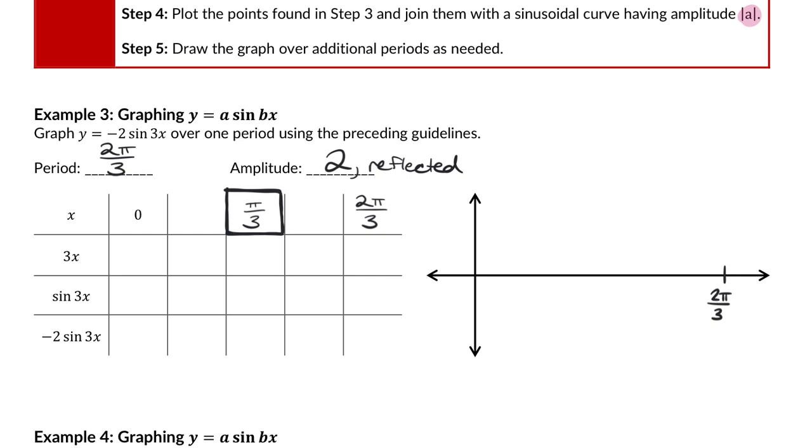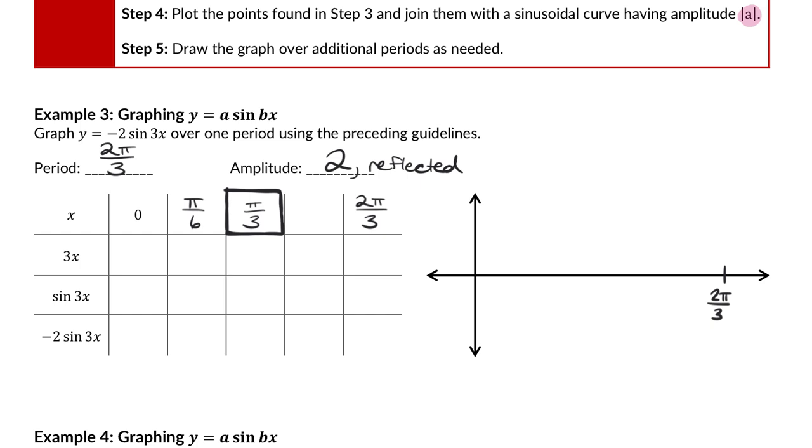Pi over 3. Get rid of the 2, because pi over 3 plus pi over 3 is 2 pi over 3. So we just want one of them. You half that number to get the center. Now we're going to half it again. What is half of pi over 3? Pi over 6. So this one that's halfway between 0 and pi over 3 is pi over 6.